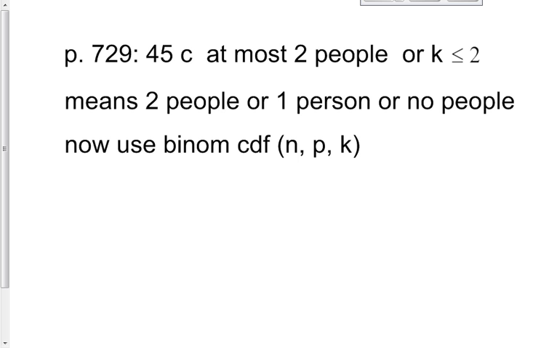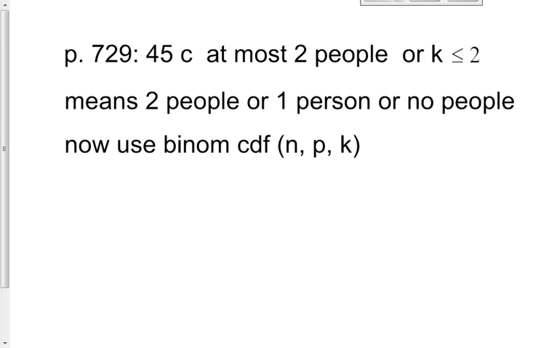And the next one that we want to do together is page 729, number 45C. The chart below shows the distribution of blood types: O, A, B, AB. RH factor is positive or negative for human blood. If at random 10 people donate blood at a blood bank during a certain hour, find the probability of each event.